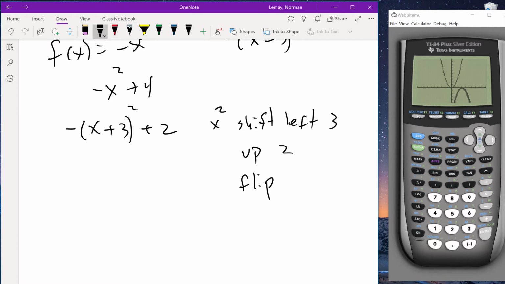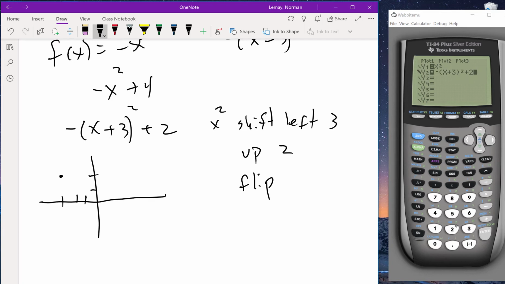So let's verify our hypothesis here. So here we get x plus 3 plus 2. Based on this, let's give a quick sketch here. We're going to shift left 3, 1, 2, 3, and shift up 2, 1, 2, and then our guess is that the graph should look something like that, just to get a rough sketch.